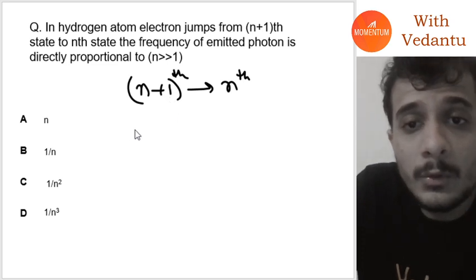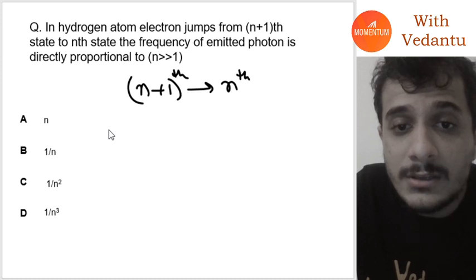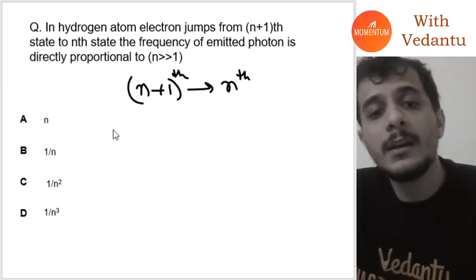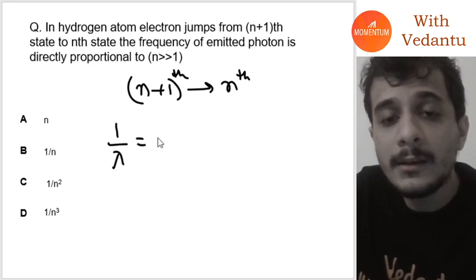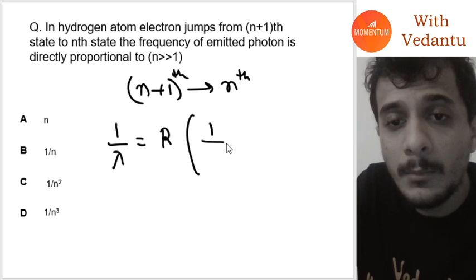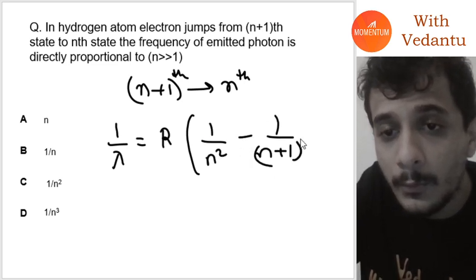If you want to calculate the frequency, you can write 1 by lambda is equal to R into 1 by n square minus 1 by n plus 1 the whole square.